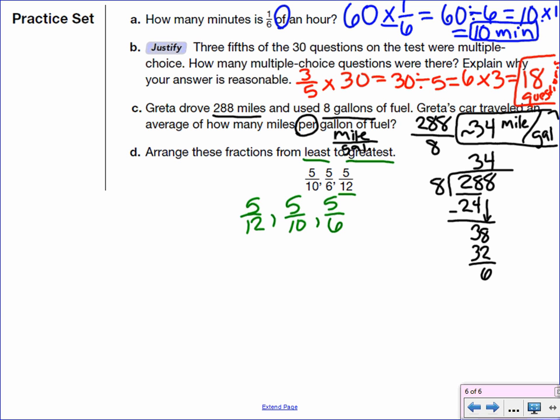And if you look at these, 5/12 is going to be less than a half, because half of 12 would be 6. 5/10 is equal to a half, because half of 10 is 5. And 5/6 is more than a half, because 3 is half of 6. 5/6 is actually pretty close to 1. So, different ways to solve the same problem.